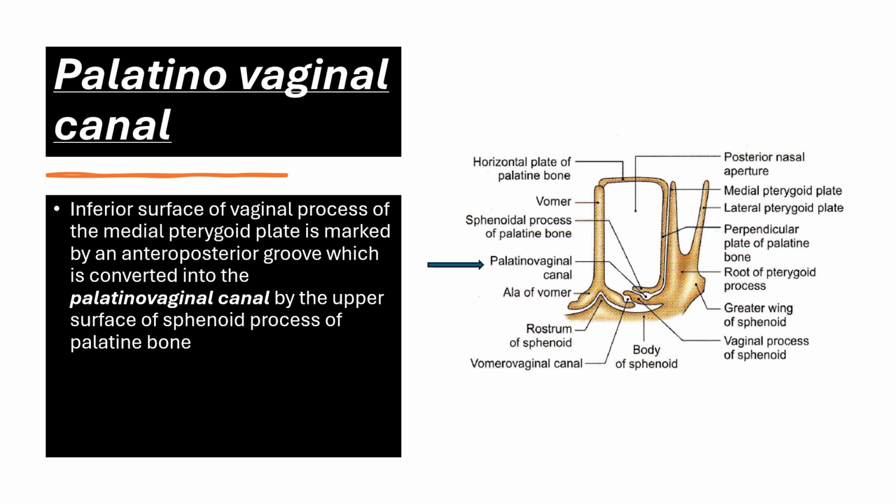So what is the palatino-vaginal canal? To understand this, first of all, look at the given diagram. On the right hand side, the second structure is marked as the medial pterygoid plate, and the medial pterygoid plate has a vaginal process that is marked inferior to every other structure on the right hand side.